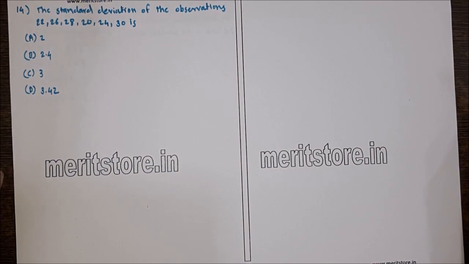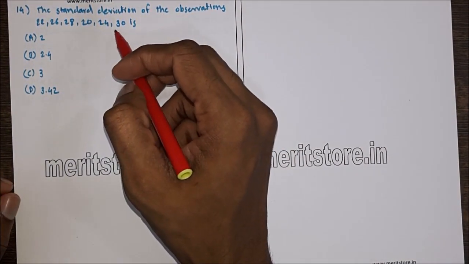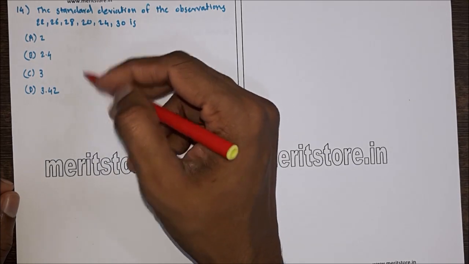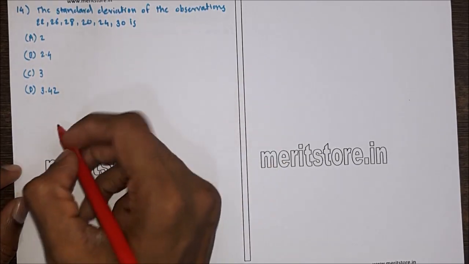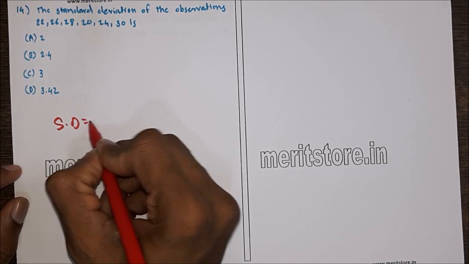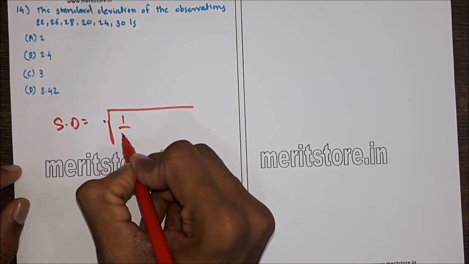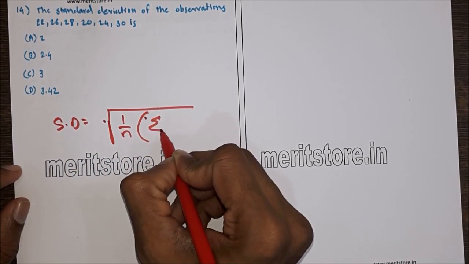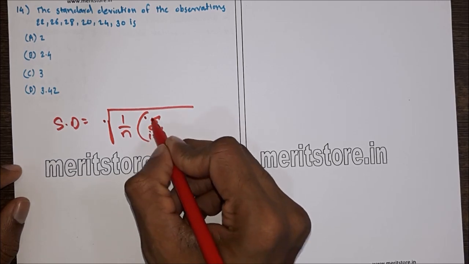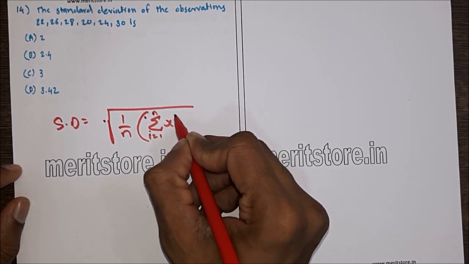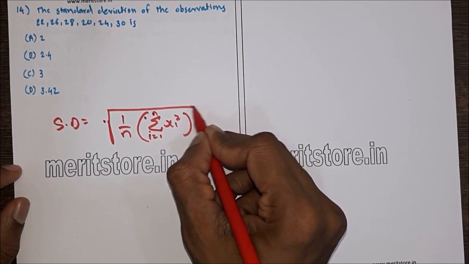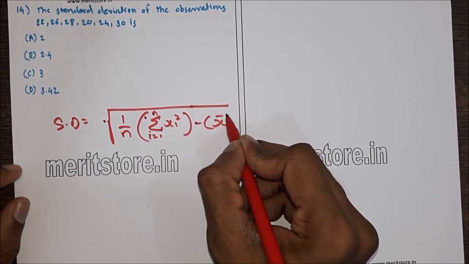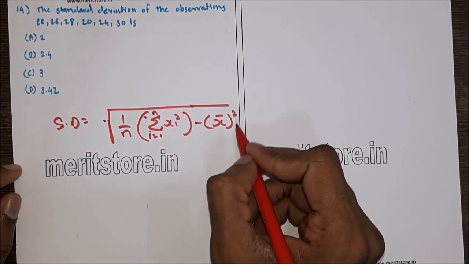Question 14. The standard deviation of the observations 22, 26, 28, 20, 24, 30 is, we have 4 options given. So for the standard deviation, we have under root of 1 by n summation of i equal to 1 to n xi square minus mean square.